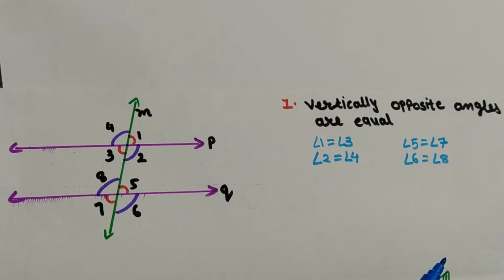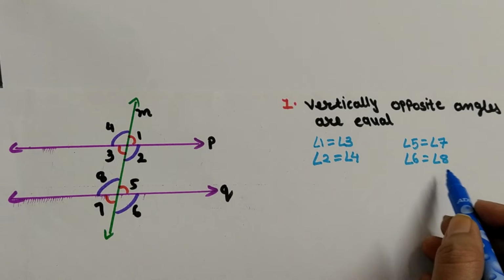So again, the first property says that vertically opposite angles are equal. They are always the same. So angle 1 is equal to angle 3, angle 2 is equal to angle 4, angle 5 is equal to angle 7, and angle 6 is equal to angle 8.